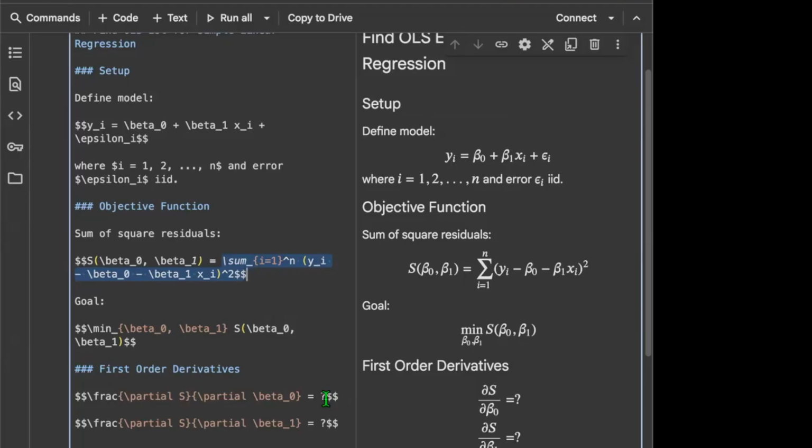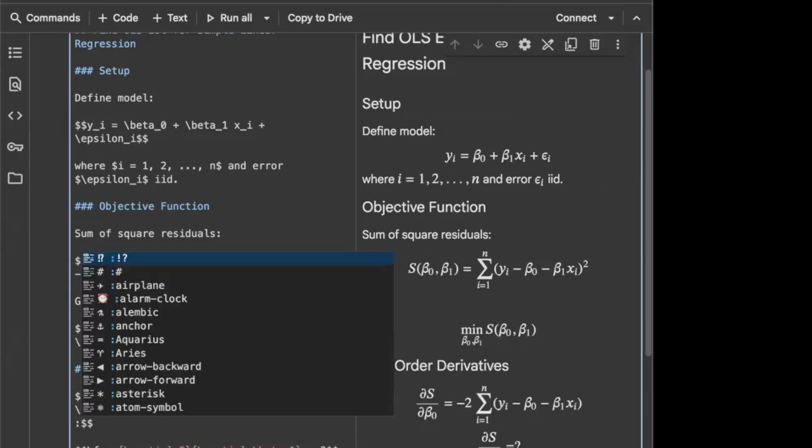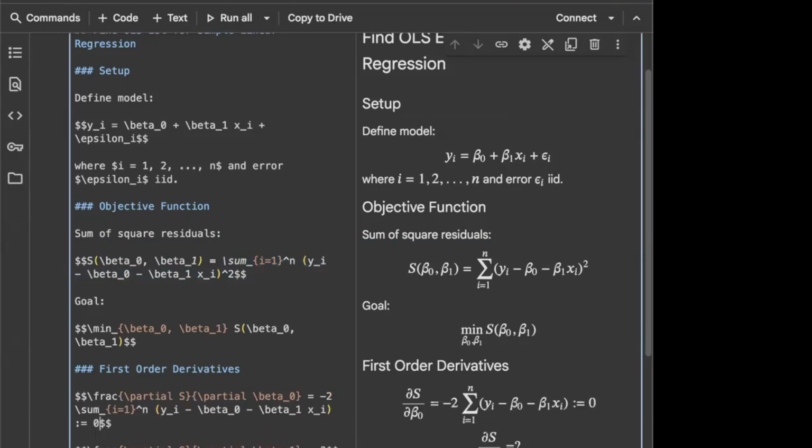It's going to look like this: minus 2 times the sum, still the same, from 1 to n, of yi minus beta 0 minus beta 1 xi, close parenthesis. And then you set this to be 0.